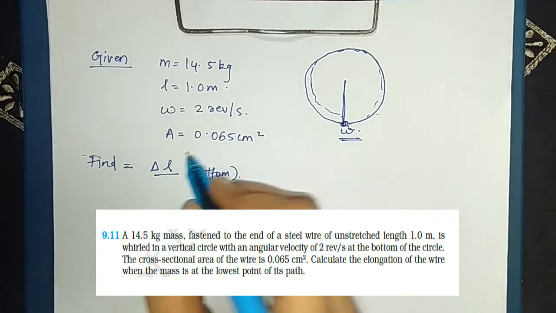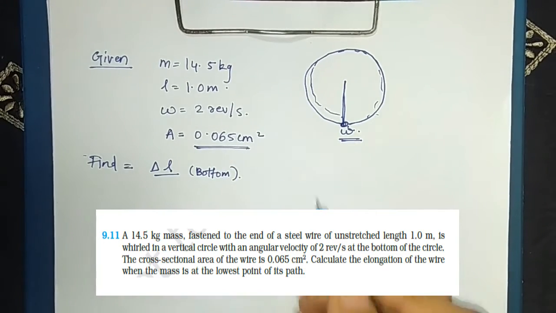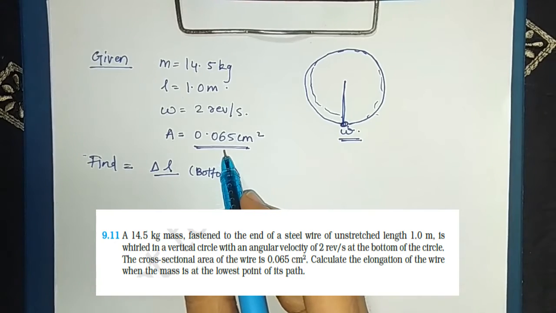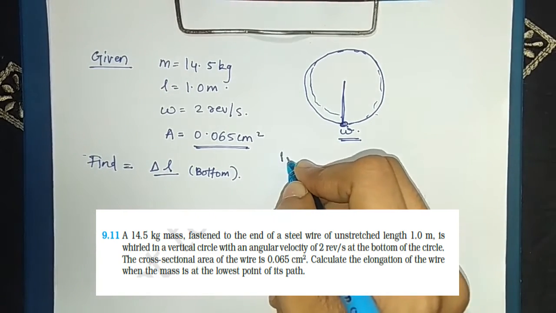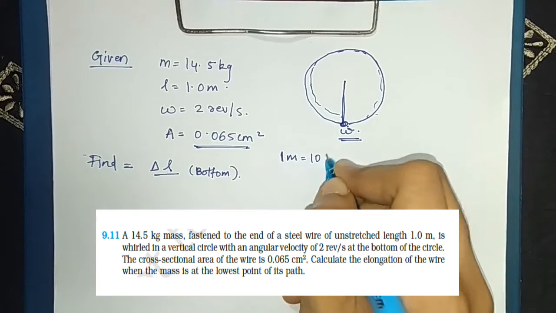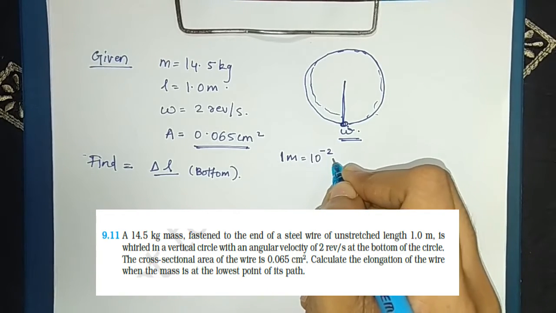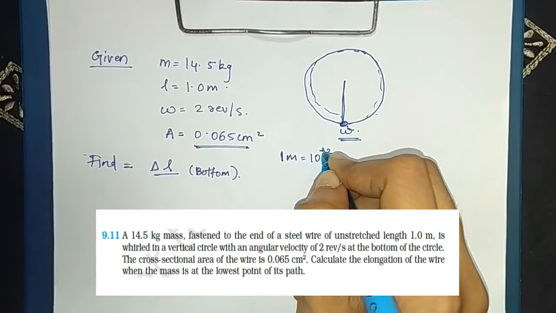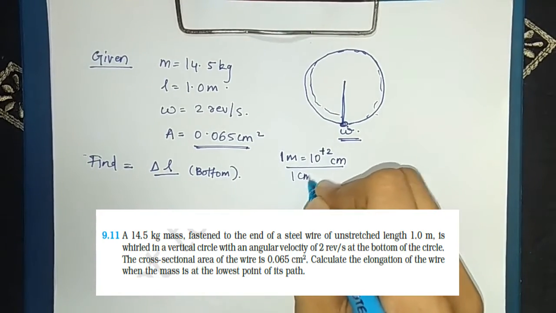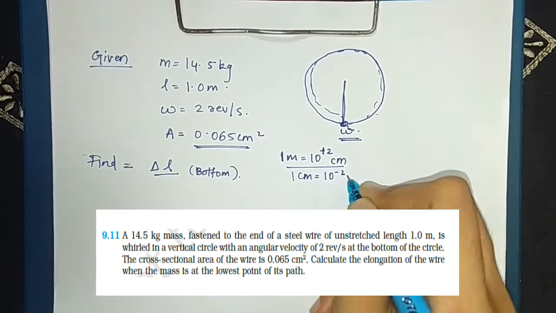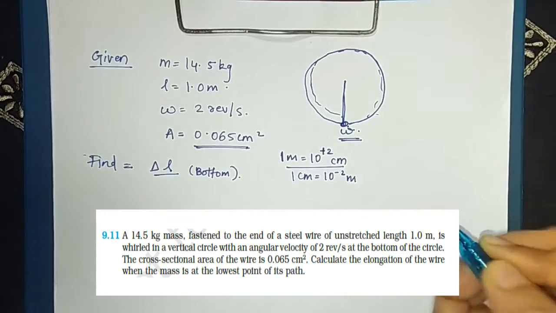The area is given in centimeter square. Let's convert it into SI unit, that is meter square. We know 1 meter is 10 raised to plus 2 centimeter, so 1 centimeter can be written as 10 raised to minus 2 meters.